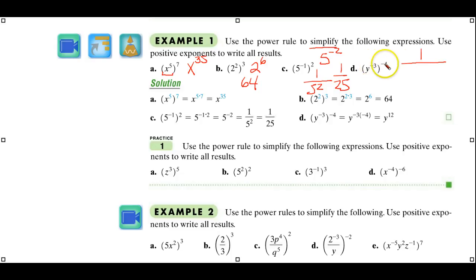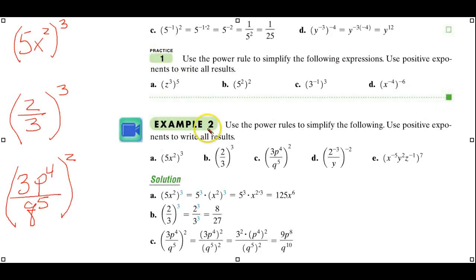Negative times negative is going to give me a positive 12. So we don't have a fraction here. Now remember, this is over 1, but we don't write that. So a good point. Multiplying exponents, we use the signs of unlike signs being negative, but like signs being positive. Okay.